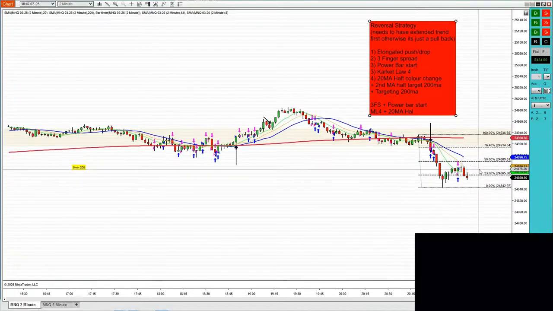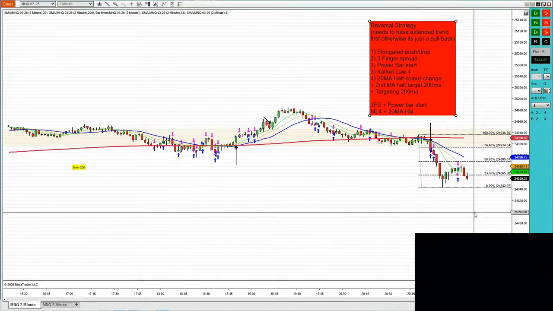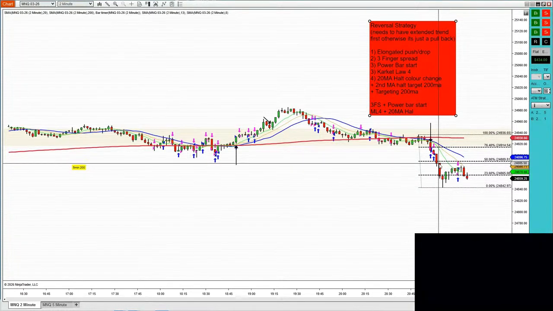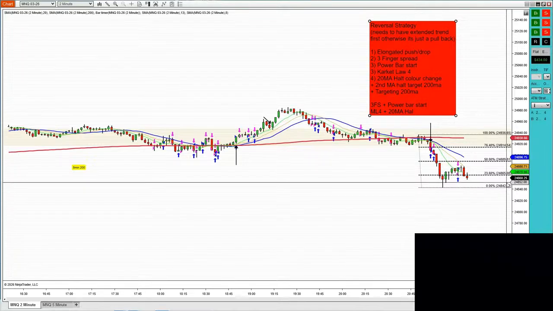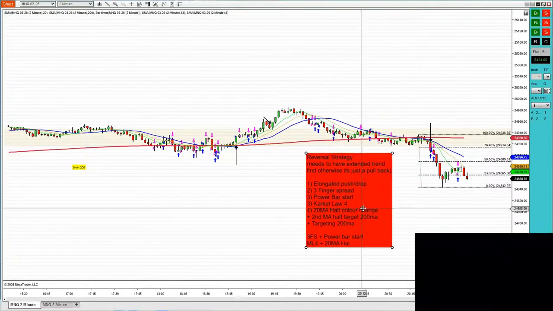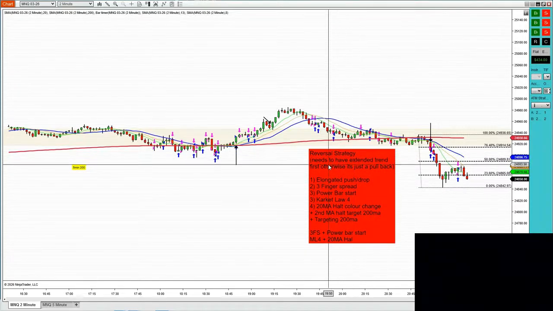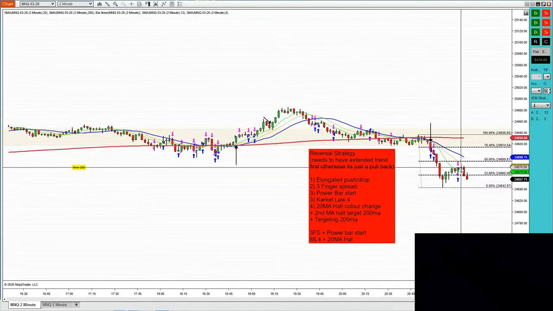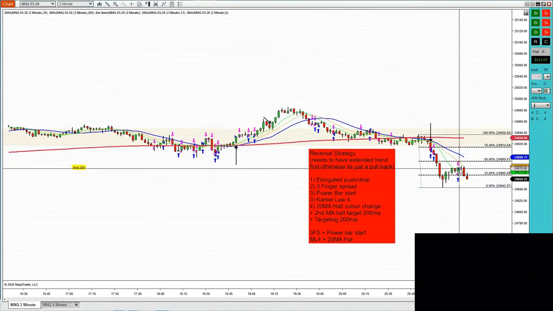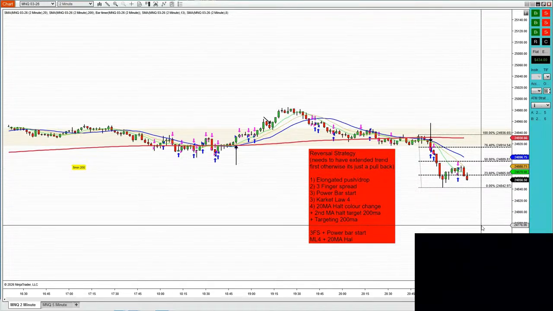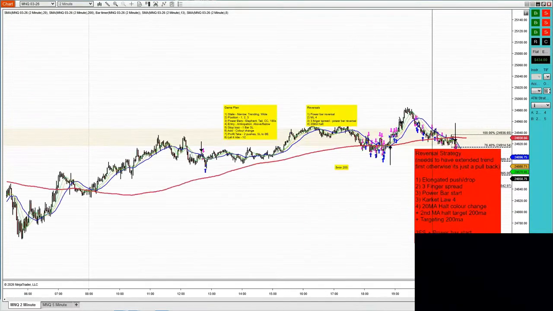Either it'll take out the low and come back, or just keep zooming through. But sometimes you just don't have the stop loss in the correct spot, and I only want to risk one bar. So the next trade we'll be looking at is a reversal, and we have to have an extended leg short. I wouldn't say that would be leg one. So we need something like that, and just really pushing through.